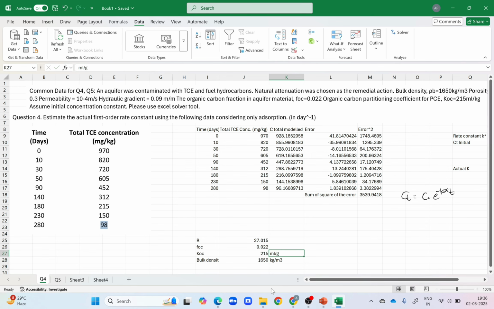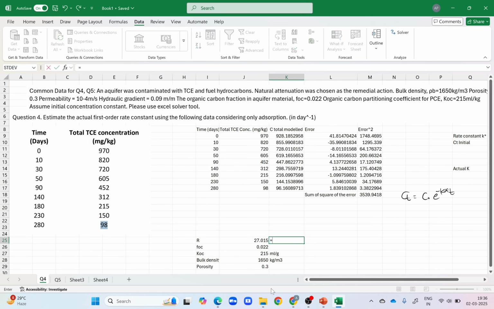So R is given as 1 plus, we have to write first the porosity. Porosity is given as 0.3.